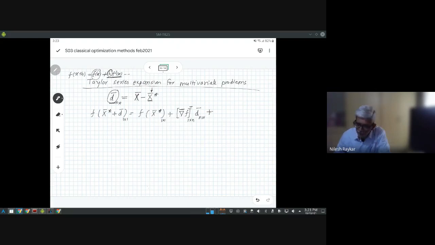Plus the next term. We had h square by 2 factorial into f double dash x. That is replaced here by 1 by 2 d bar transpose into the Hessian matrix multiplied by d bar, plus r, where r are the remainder terms.